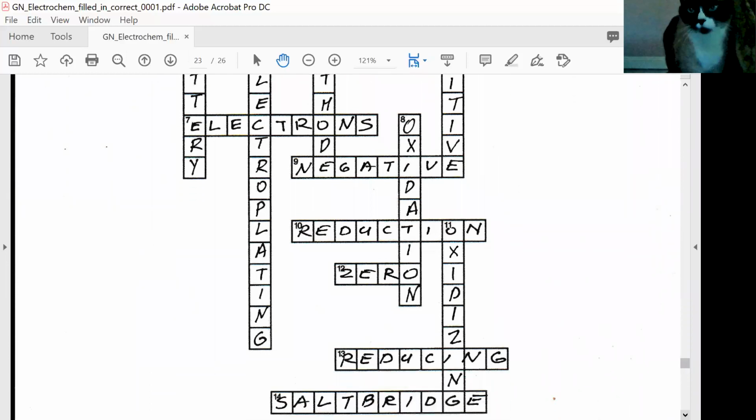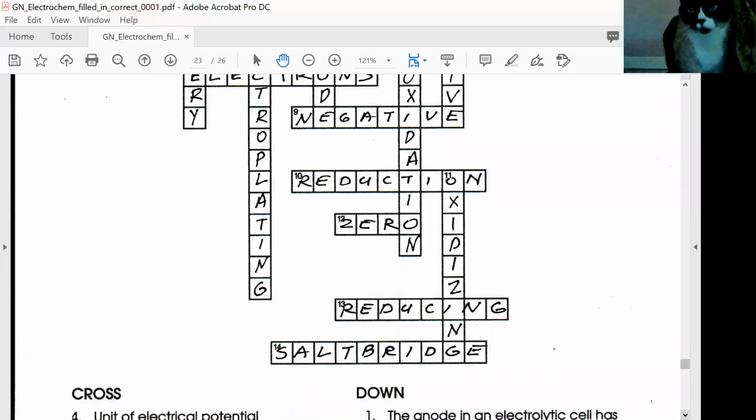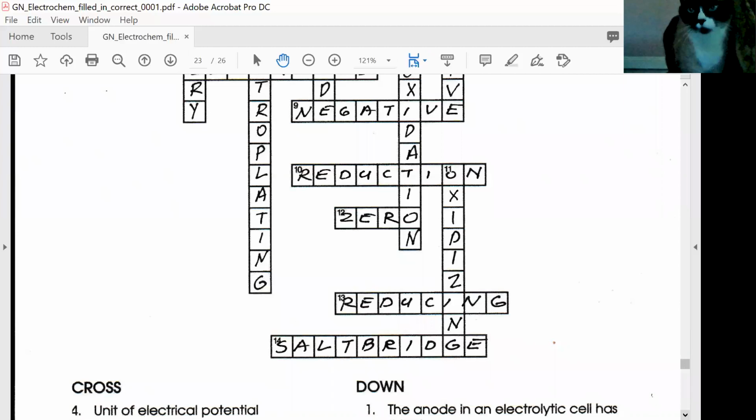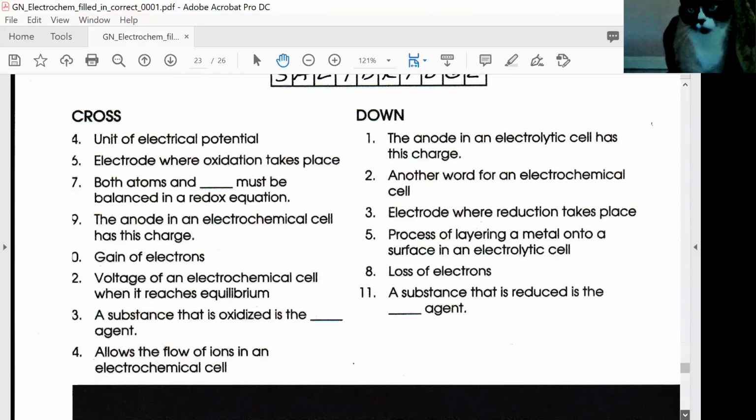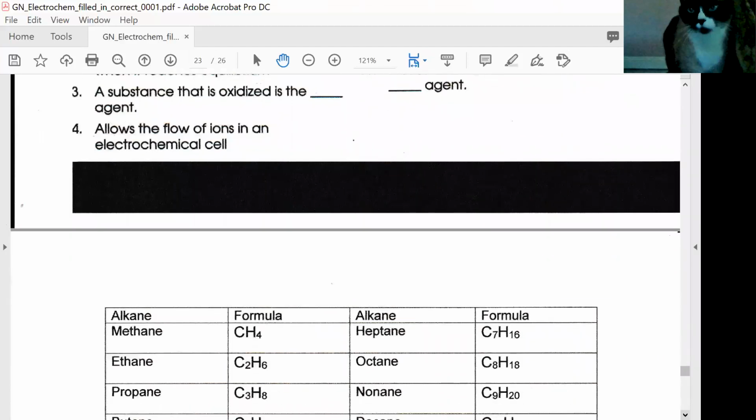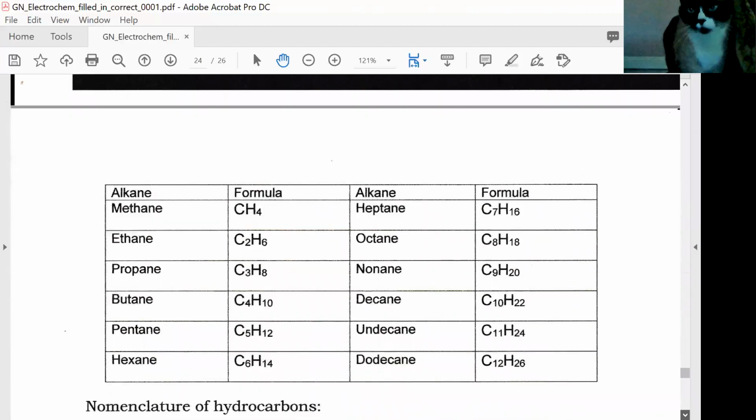Then here's the rest of it. And then this is so that I can have some fun.